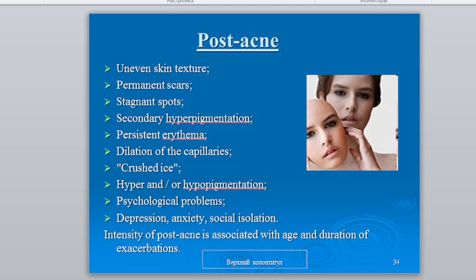Crushed ice. Hyper and/or hypopigmentation. Psychological problems: depression, anxiety, social isolation. Intensity of post-acne is associated with age and duration of exacerbations.